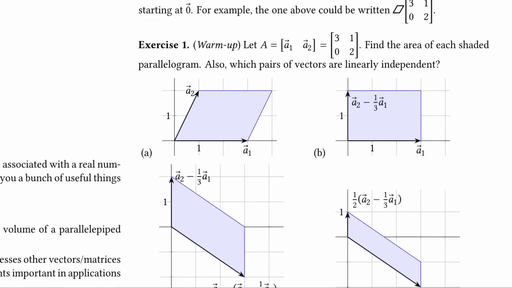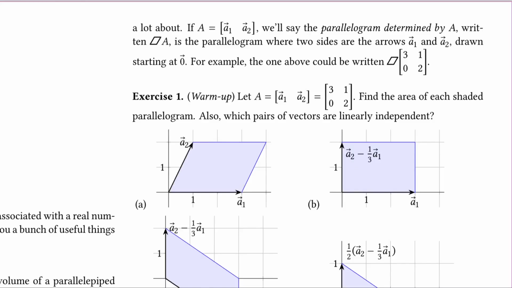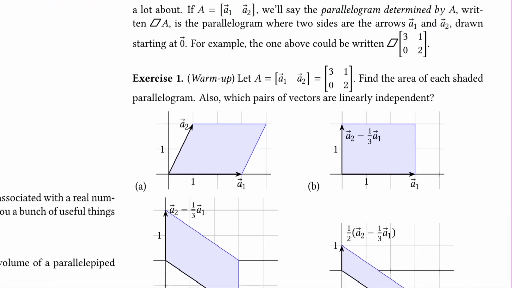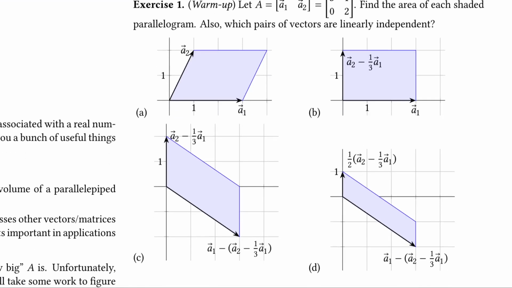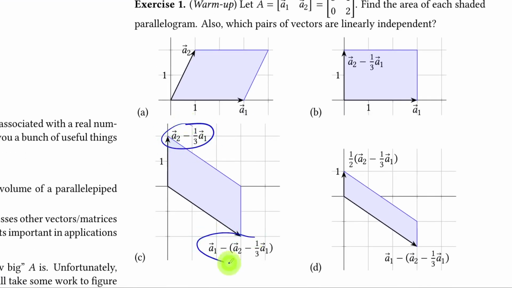Now, before you do exercise 1, we also want to define this thing called the parallelogram determined by A. What we mean by that is if you have the two columns here, A1 and A2, then in this case, this is the parallelogram determined by A. In each of these cases, the two vectors are a little different.